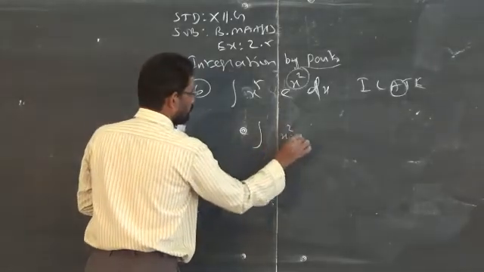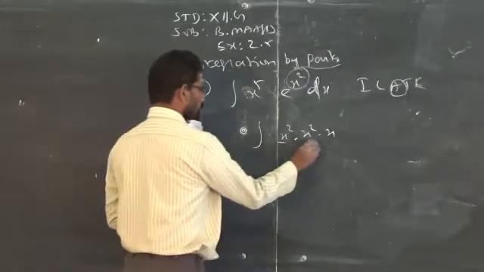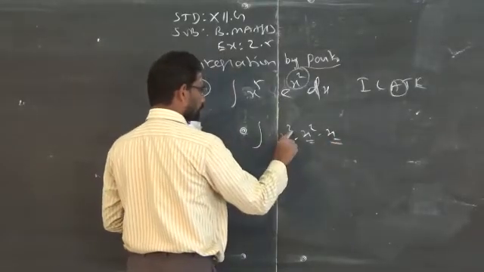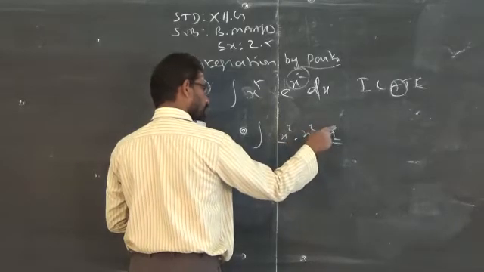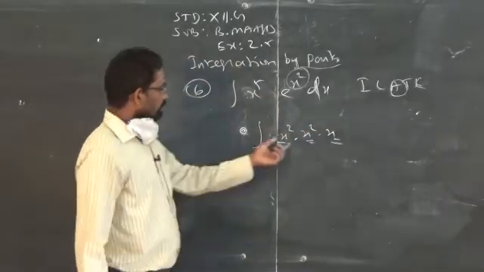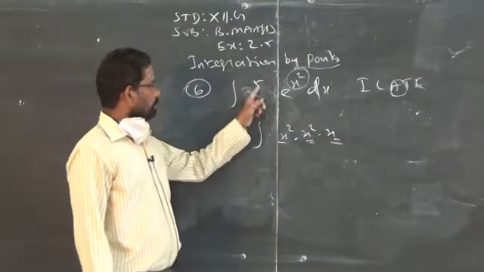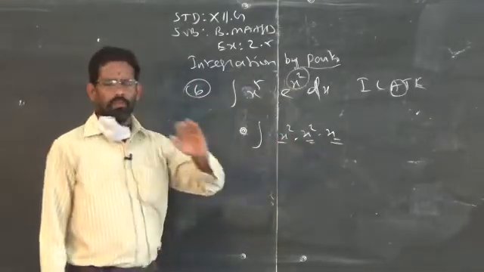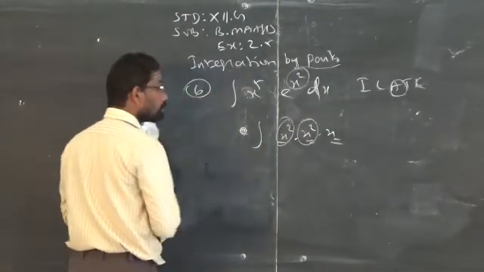I can write x square, x square, x. See, when the bases are the same, you can add the powers: 2 plus 2, 4, plus 1, that is 5. Is there any other way to express x power 5 in terms of x square? This is the only way. There is no other way. But x square is repeated how many times? 2 times.